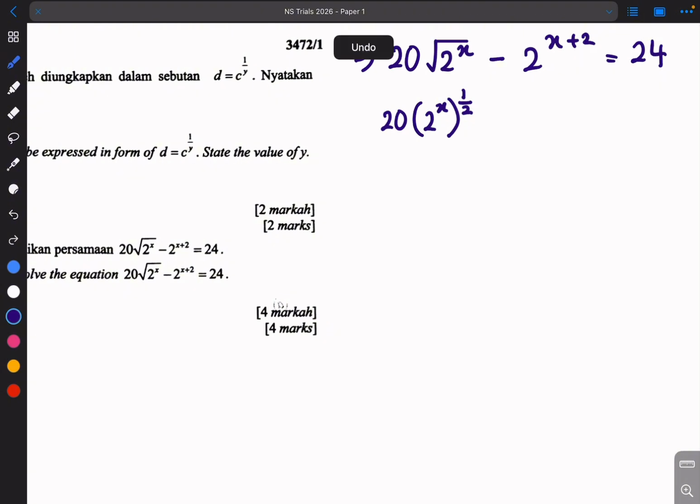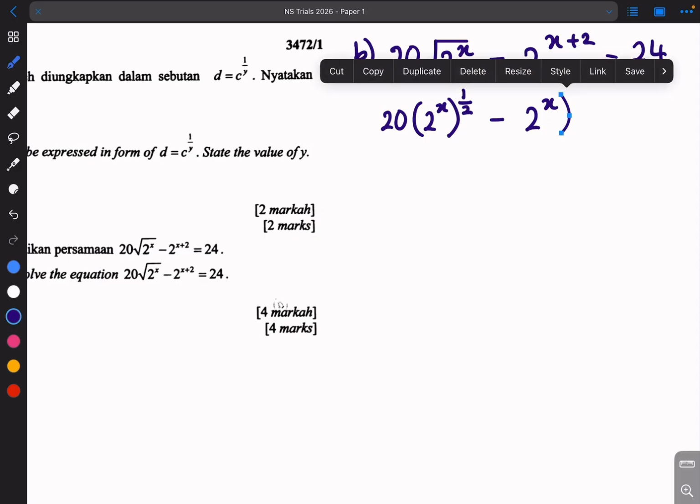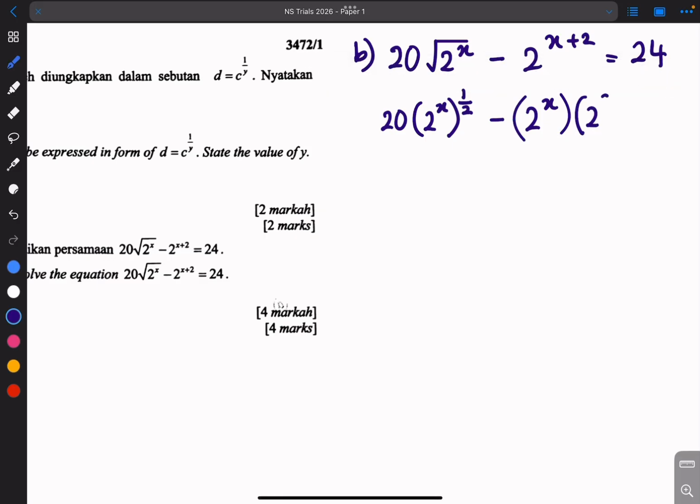And here the plus will become times, so 2 to the power of x times 2 squared equals 24. This is the rule of indices. If you have a to the power of 2 plus x, this will become a to the power of 2 times a to the power of x. But instead of writing times, we just use brackets, easier. So that's what I did here.